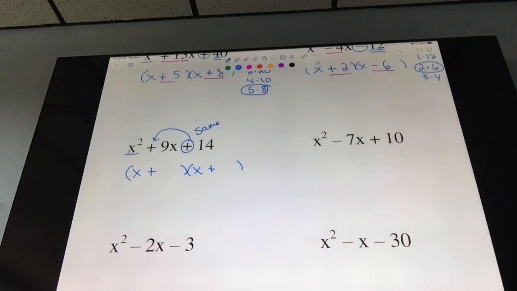Noah? 7. Let me call on somebody, Lyric. 2 and 7 is correct. +2 and +7, +9. So again, if you know your multiplication facts and don't need to write them down, then don't do that.